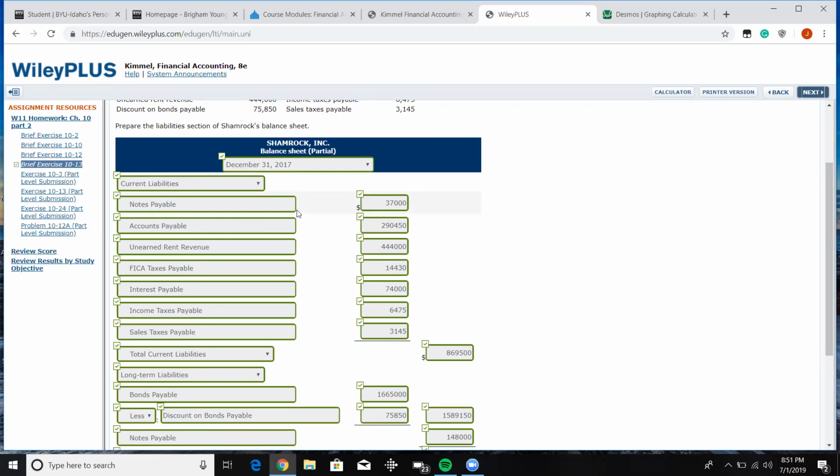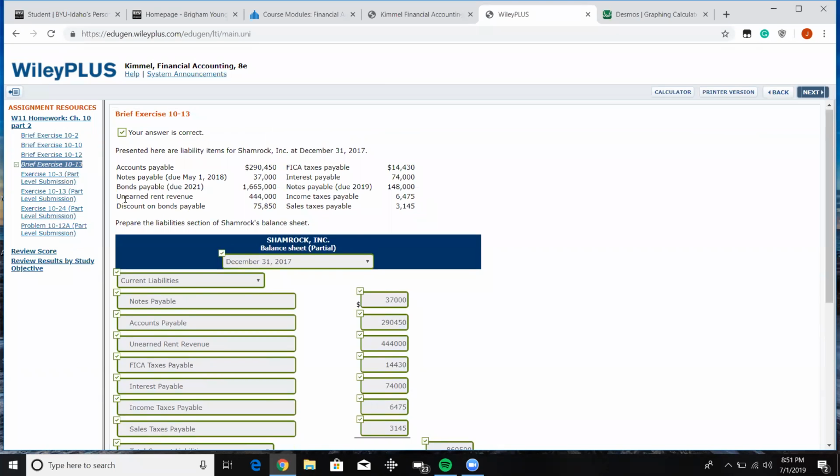But notes payable, we've got to look out for this, because there are some that are due in 2018, and then there are some due in 2019. For current liabilities, we're just looking at the ones due in 2018, and so that's going to be our $37,000 right there. Then basically we're just going to list from there.